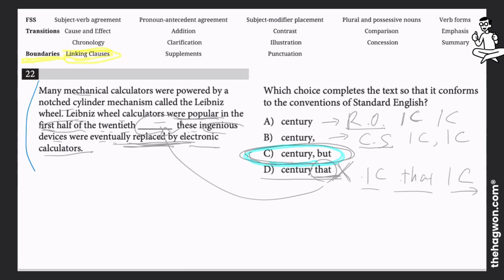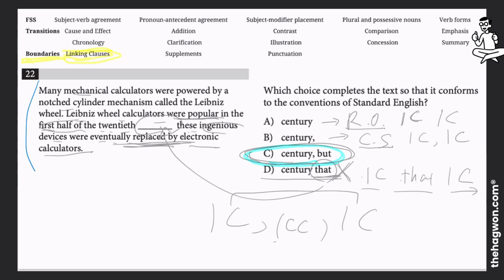Another takeaway on this question is that when you join two independent clauses like this, be sure to place only FANBOYS, which are called coordinating conjunctions, in between the two.